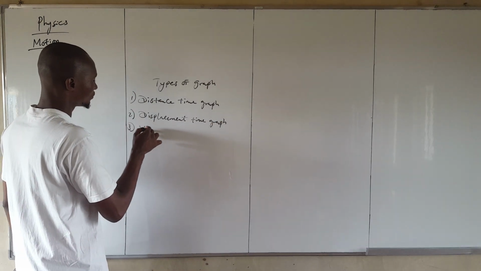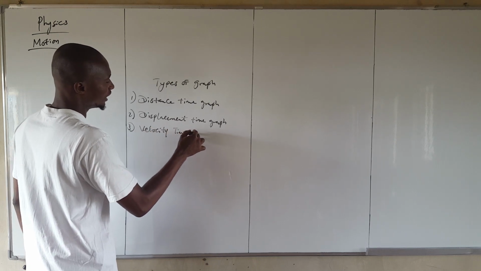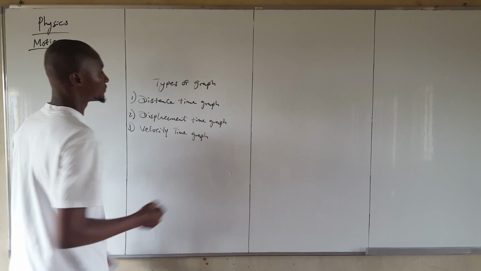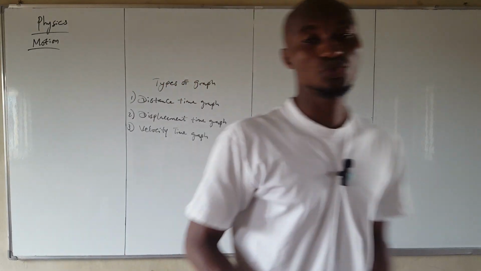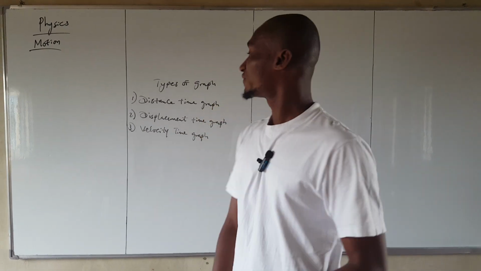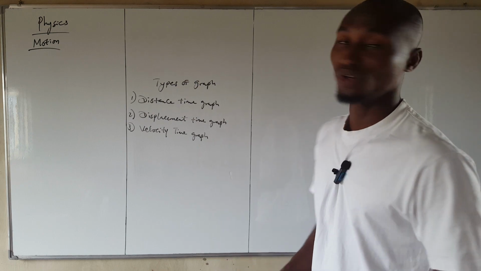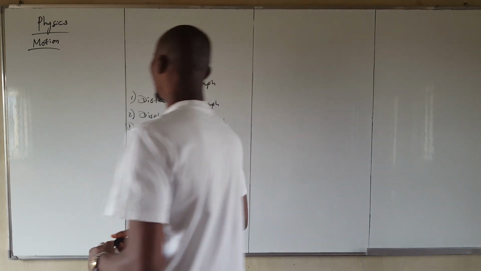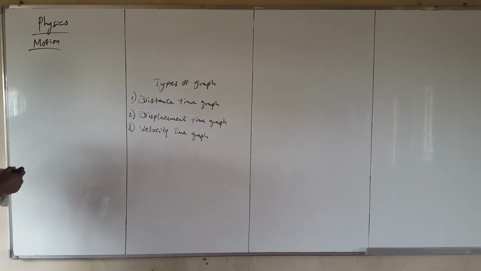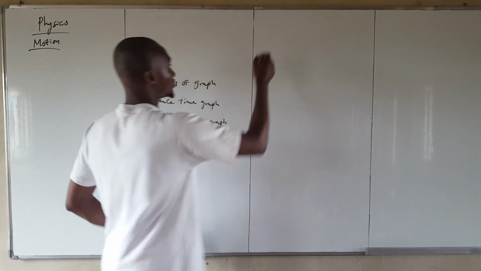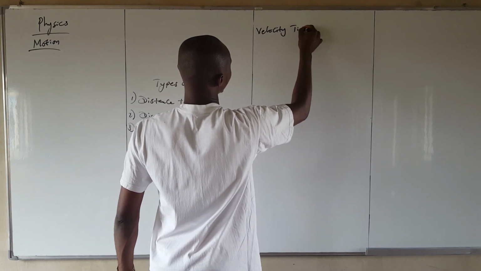Three is velocity time graph. Did you understand? I said one is distance time graph, two is displacement time graph, three is velocity time graph. Now, I want to focus on velocity time graph for today.